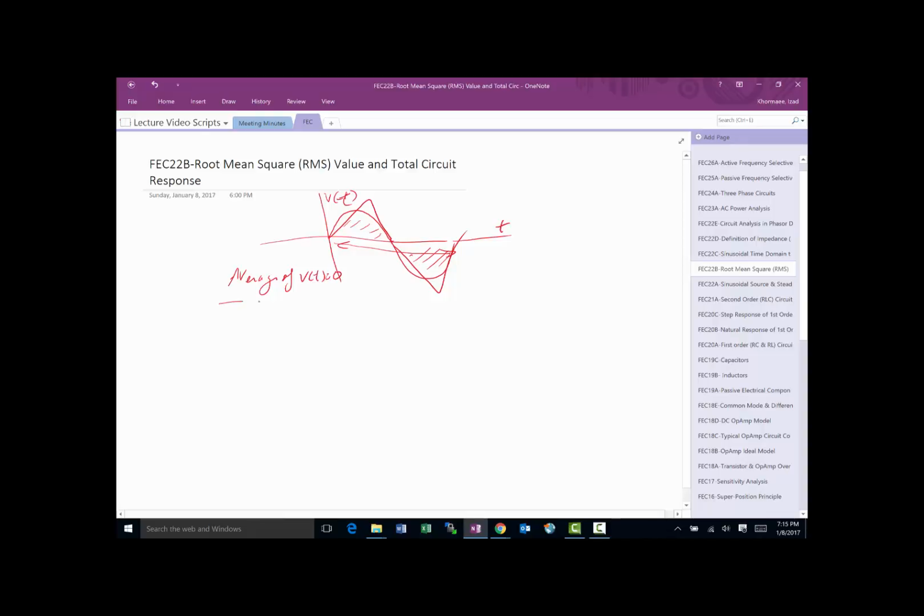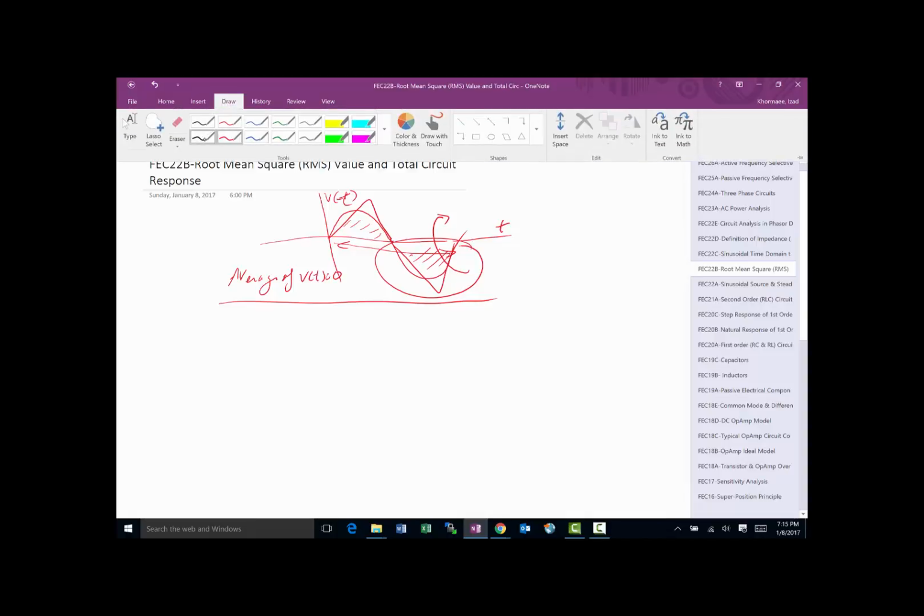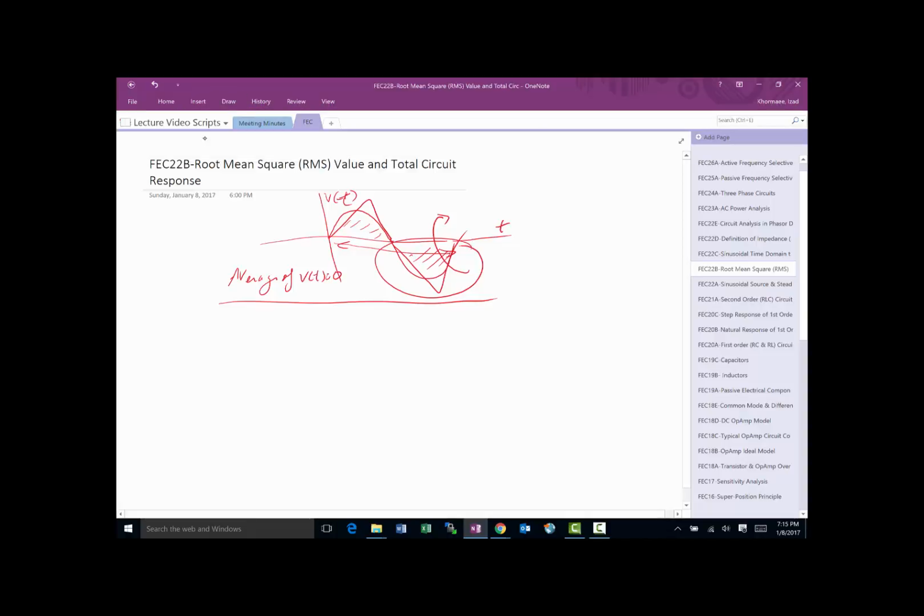So over time, they've decided a good way to talk about this is, let's take these negative sides and put them up on the positive side. And what is the best way to do that? By squaring it. So over time, we've come up with a way of talking about an average where negatives and positives are added together.